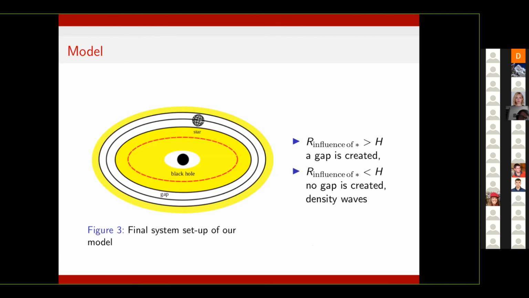Yeah, it actually depends on the physics, on the approach that you choose. One might be the Hill radius, something like the gravitational sphere of the star in the face of the perturbations coming from the supermassive black hole. That would cause the gap to be slightly bigger than the star itself.